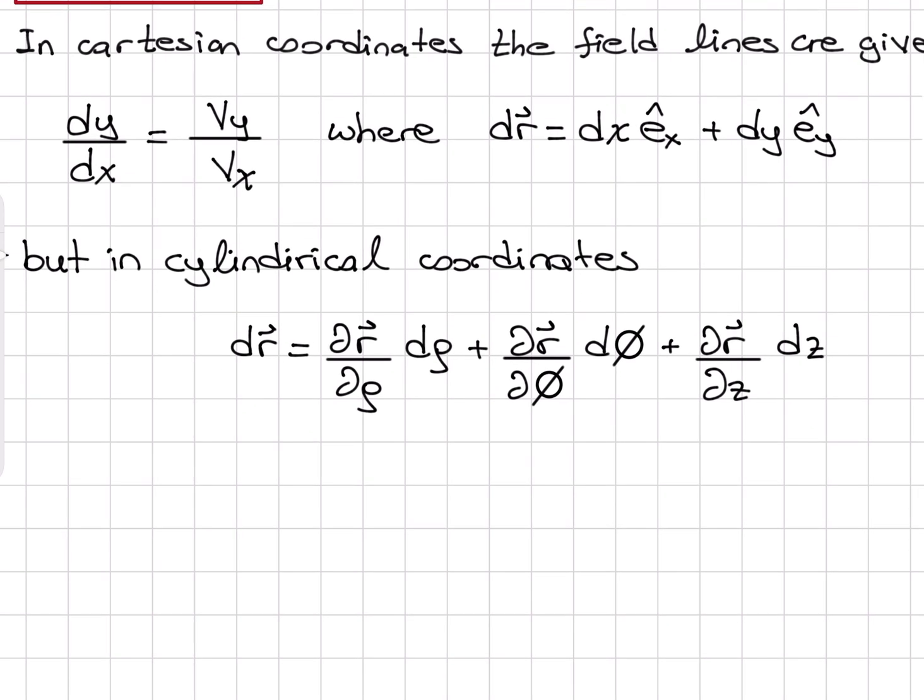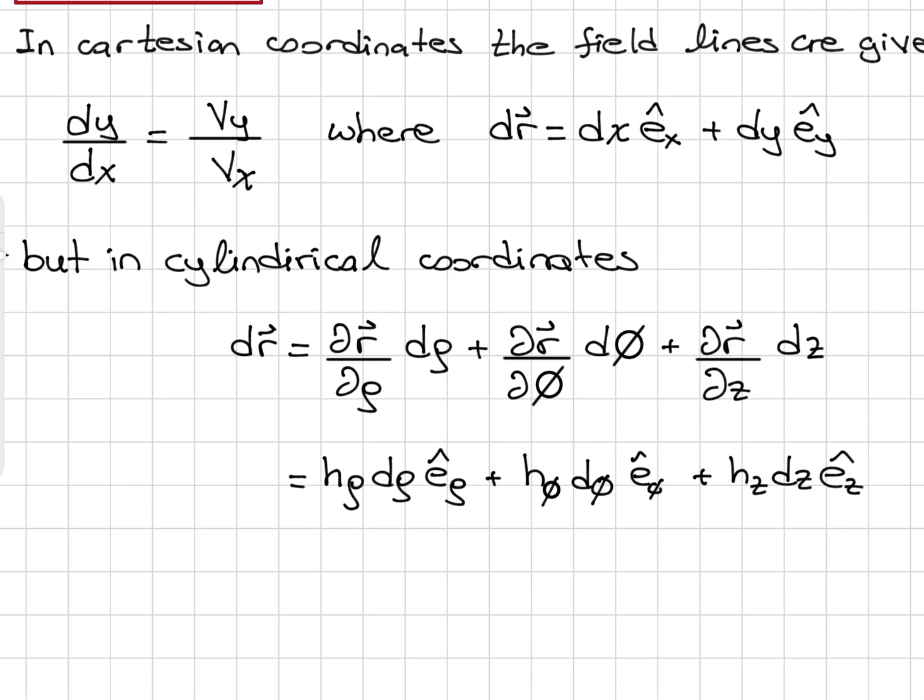And what is del r del rho? It is h rho in e rho hat direction. So we have h rho d rho in e rho hat direction. Then we have h phi d phi in e phi hat direction. And then we have hz dz in ez hat direction.